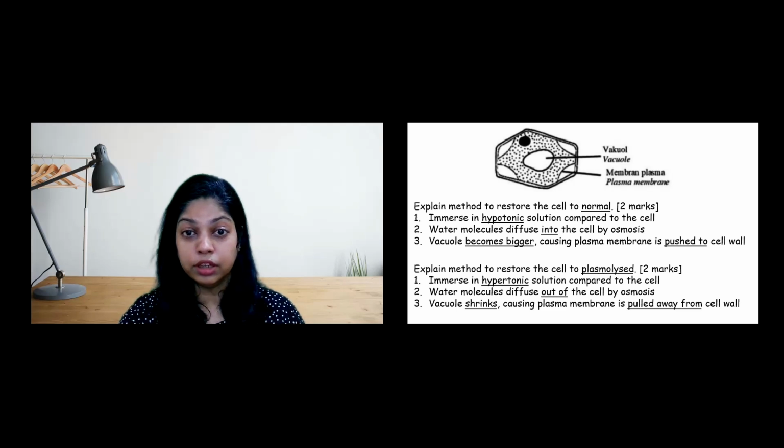To restore the turgid plant cell back to the plasmolysed condition, we need to immerse the cell in a hypertonic solution compared to the cell. So, water molecules will diffuse out of the cell by osmosis. Consequently, the vacuole shrinks, causing the plasma membrane to be pulled away from the cell wall.